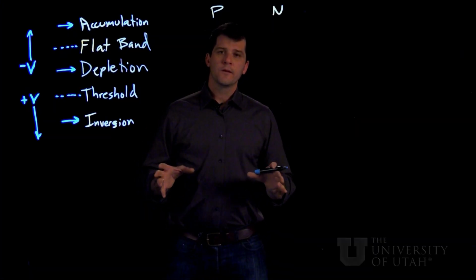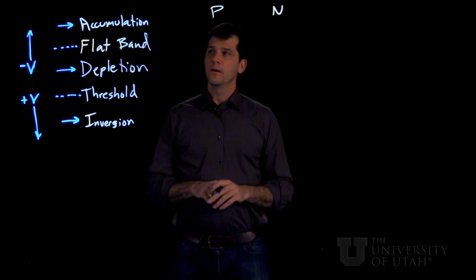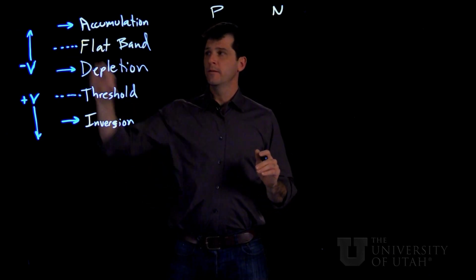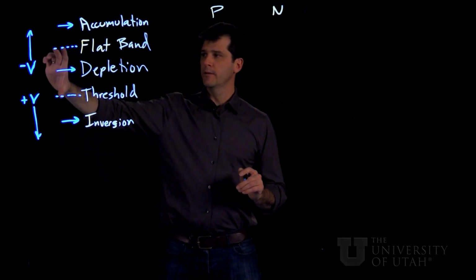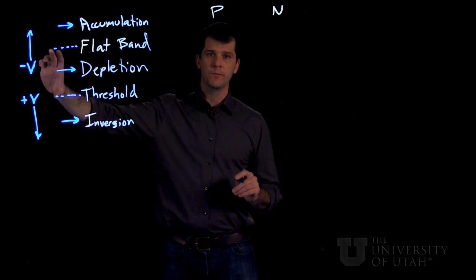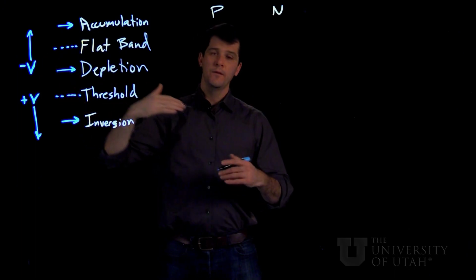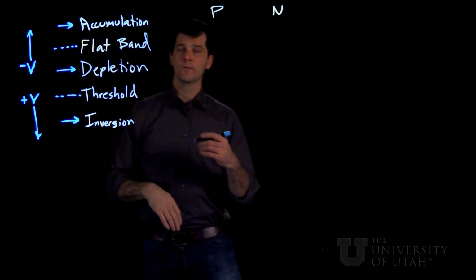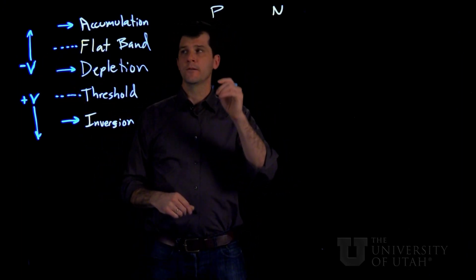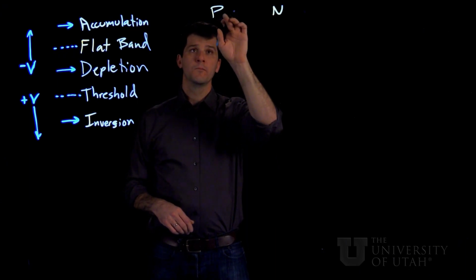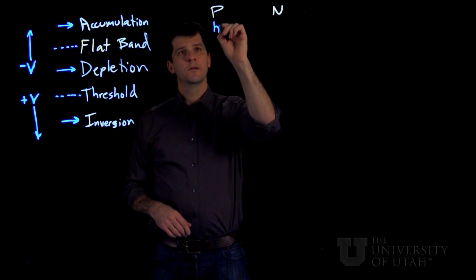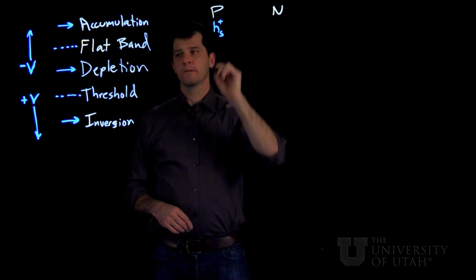So now let's take a look at what charge densities are dominating the behavior in these three regimes: accumulation, depletion, and inversion. And of course, at these two crossover points, flat band and threshold, the balance is going to be switching. So we'll just look at the three definitely definable regimes. So in accumulation, for a P-type substrate, we're looking at the holes at the surface.